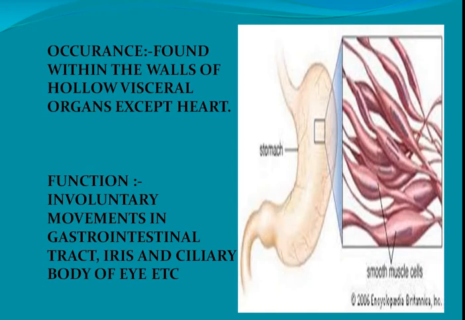But here it is the smooth muscle, unstriated muscle, and the spindle shaped muscle, which is not found in the heart. The function is involuntary. They have involuntary movement, so they are not in our control.